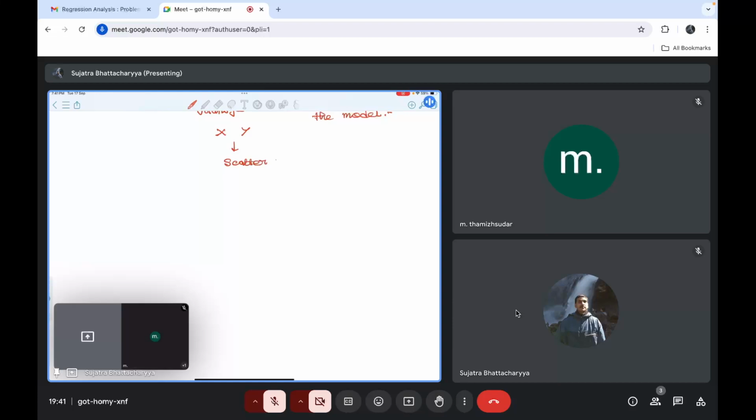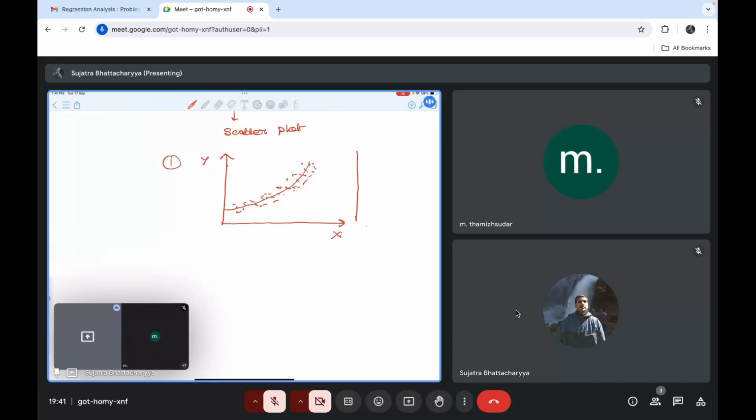Suppose your scatter plot shows a kind of exponential distribution, whether it is exponentially growing or exponentially decaying. So you are getting some kind of an exponential fit between x and y.